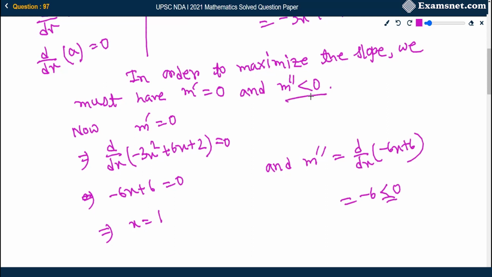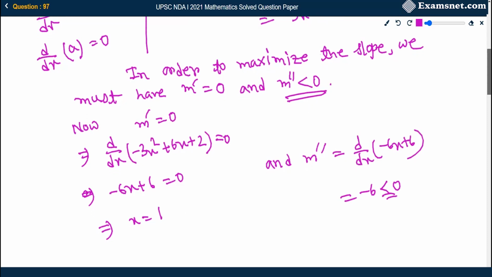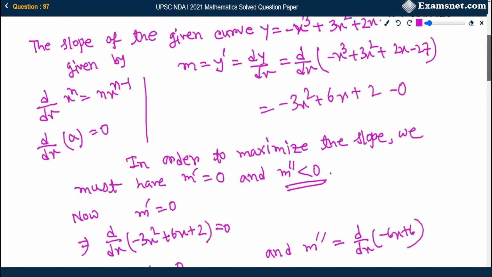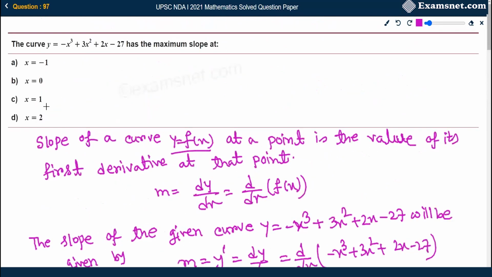So yes, it's verified, at this point x equals 1, the slope is maximum. Therefore, the slope is maximum at x equals 1. Okay, so let's check the options. Here, option C is the correct one.